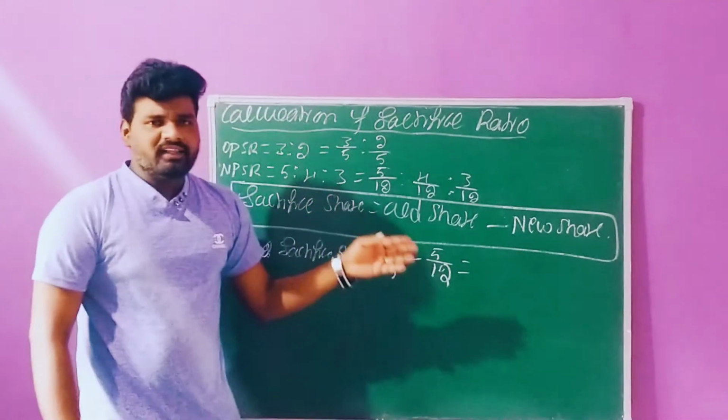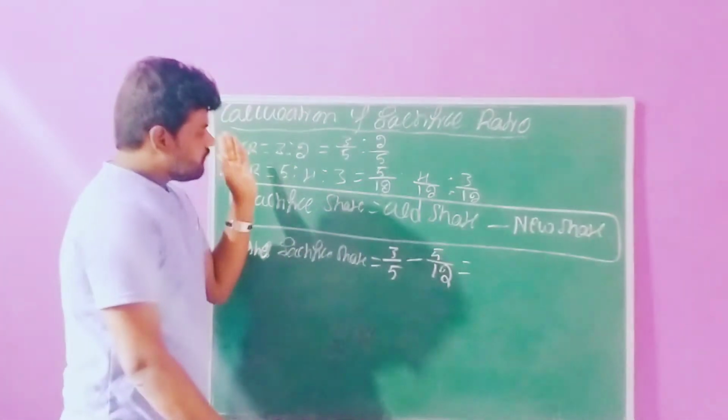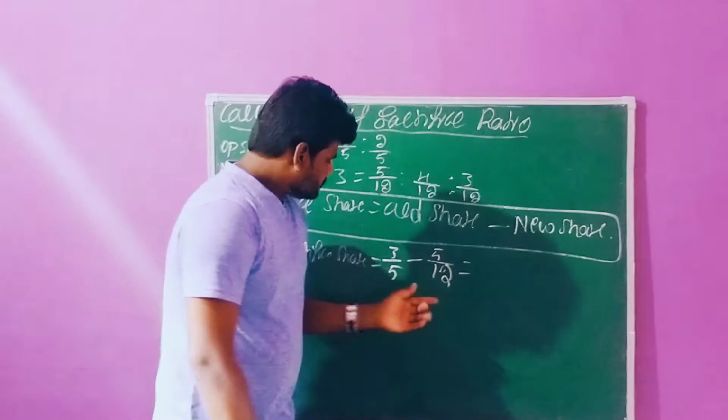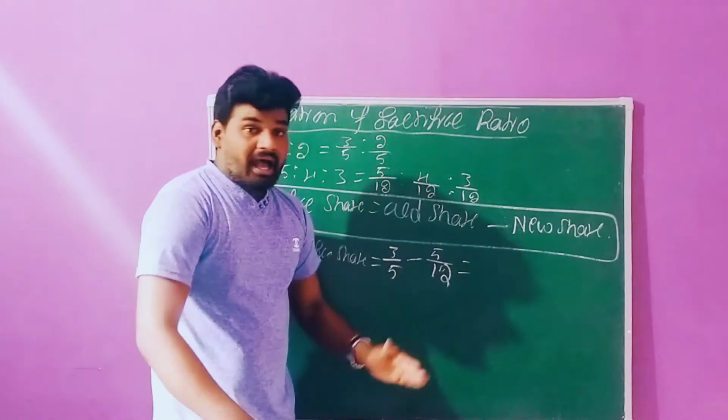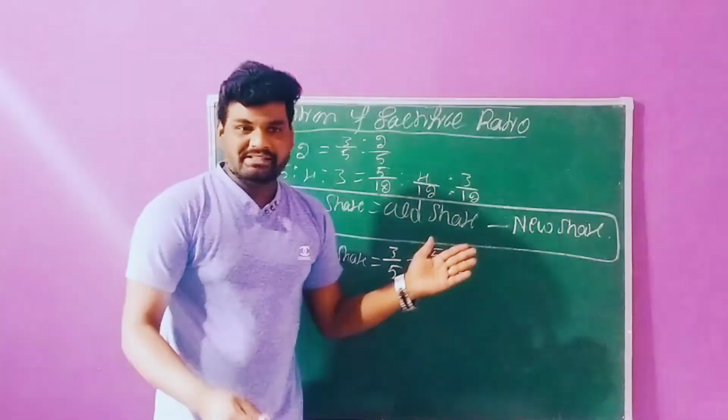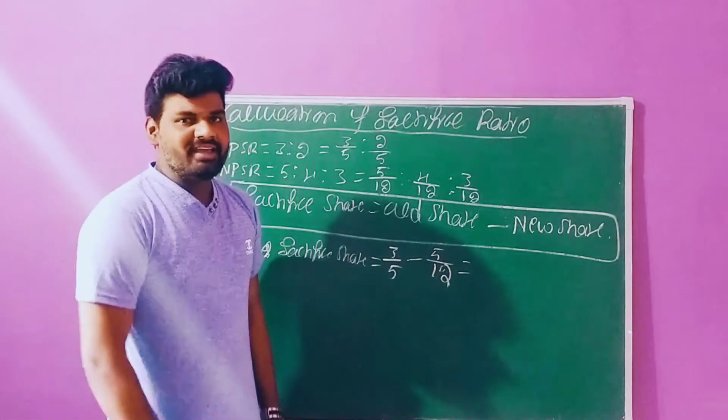Whatever data they gave, we have utilized for the calculation of the sacrificing ratio. But the denominators are unequal, odd and even numbers are mixed, right? So in this situation we can't identify the LCM factor.